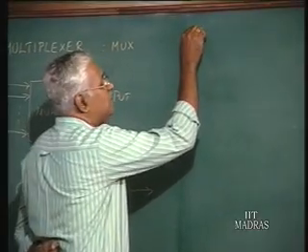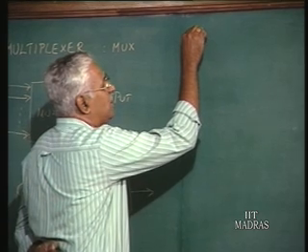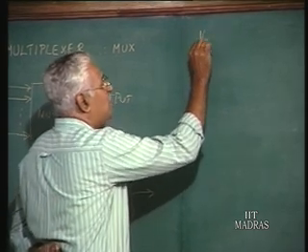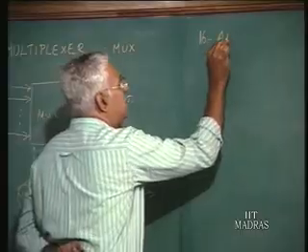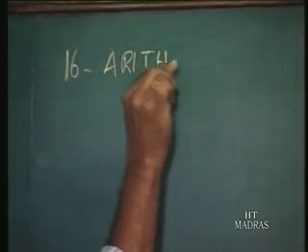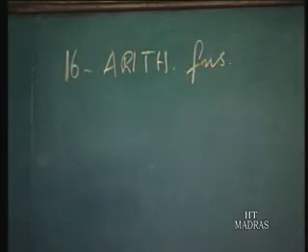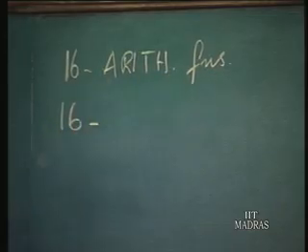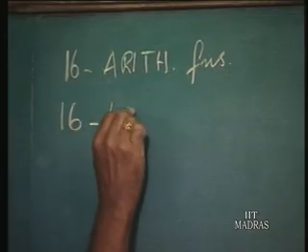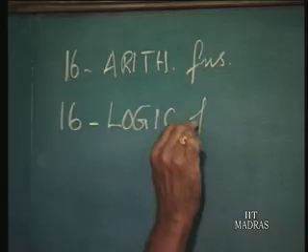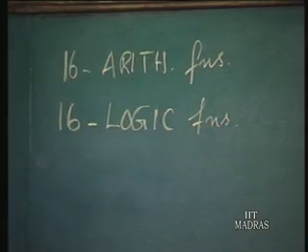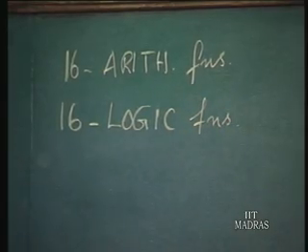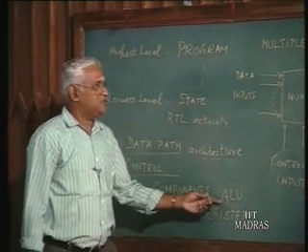I will assume for our purpose that it is an ALU which is capable of performing, let us say, 16 arithmetic functions, taking a set of data and then carrying out some function. So, 16 arithmetic functions and, let us say, 16 logic functions. That is, the ALU is capable of executing 32 different functions.